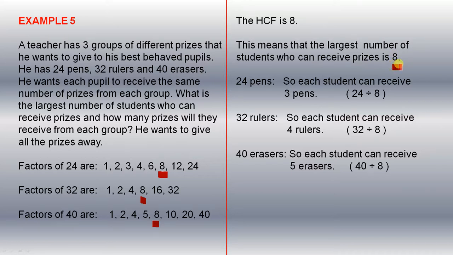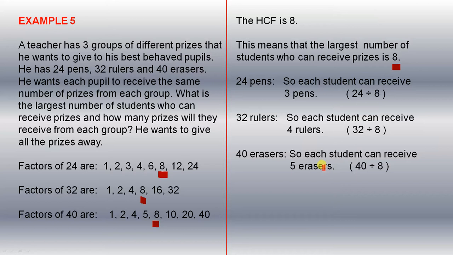So there are 8 well-behaved students. That's all there are. So each student can receive 3 pens, because 24 divided by 8 gives you 3. Each student can receive 4 rulers, because 32 divided by 8 is 4.